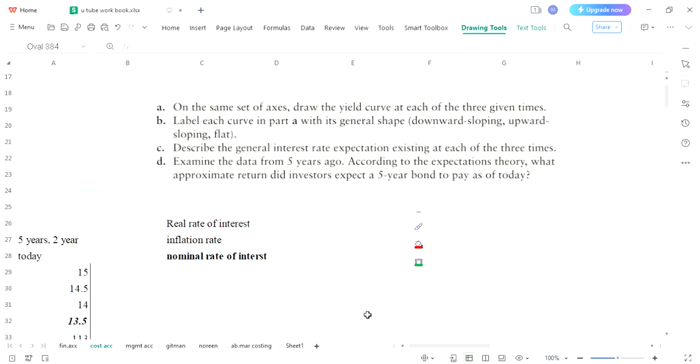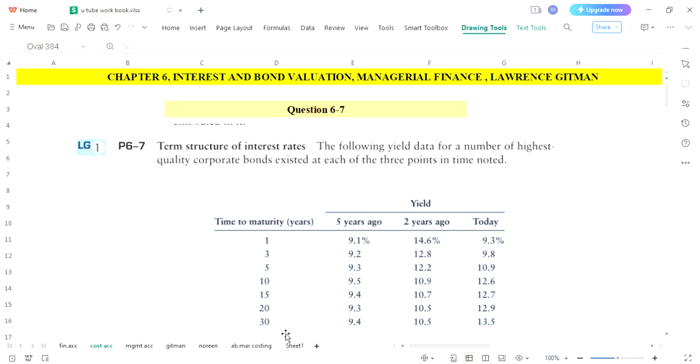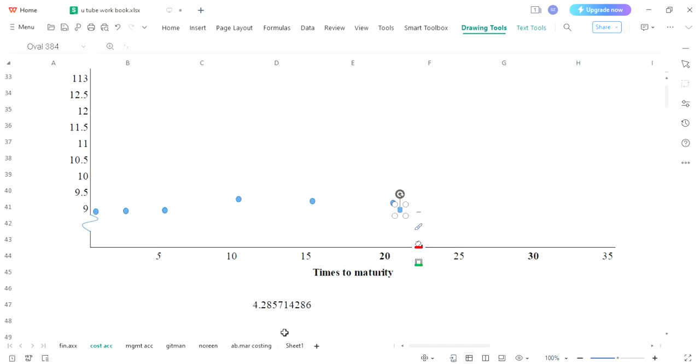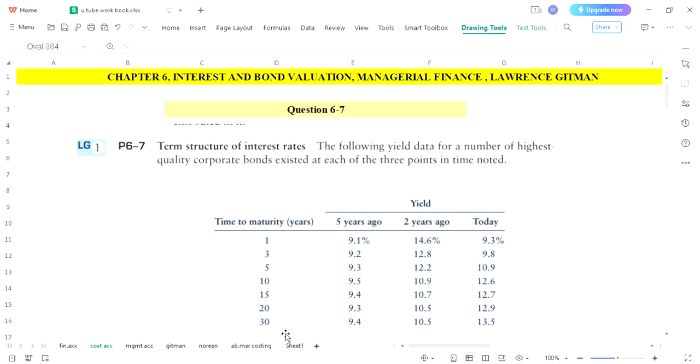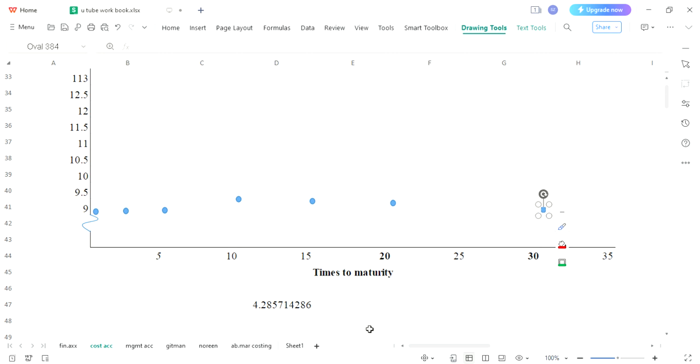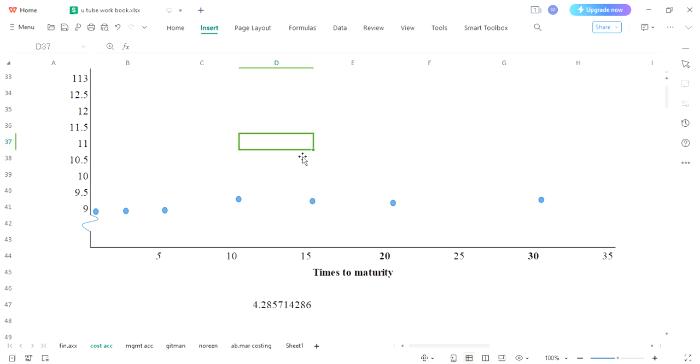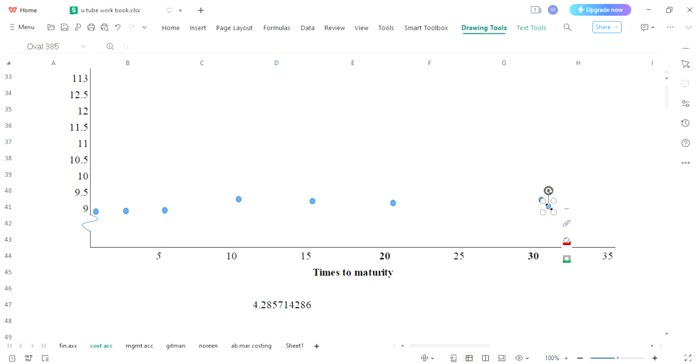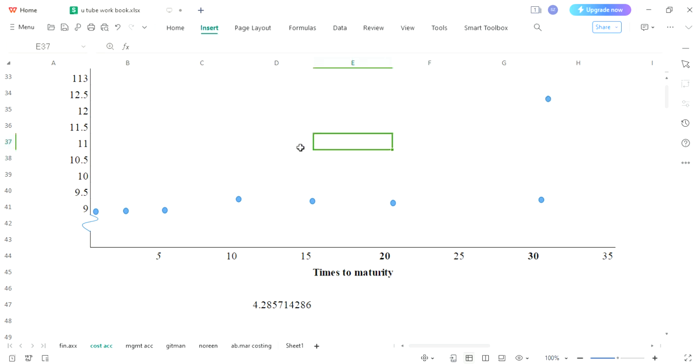After 20 years we will see 30 years, and 30 years is present over here, and the rate is 9.4. 9.4 would be just below 9.5. So guys, we have got our points, and this line is showing the 5 years before, the 5-year maturity.